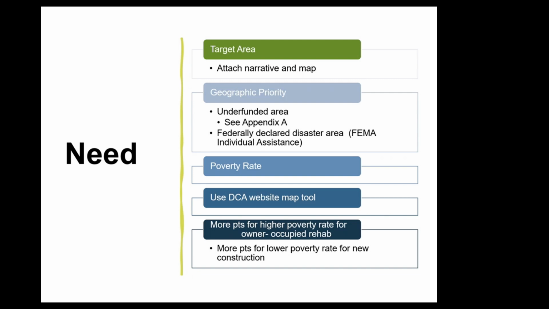We're not looking at the lower poverty rate for new construction. You will receive more points if you have lower poverty than you would if you had higher poverty for owner occupied. Hope that makes sense, but it's just flipped.